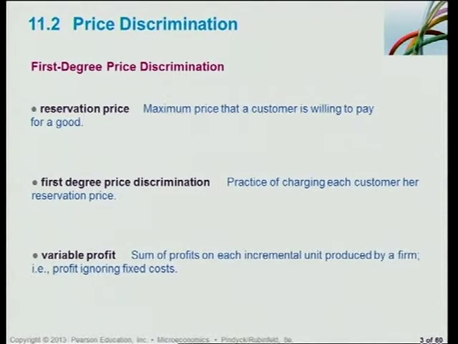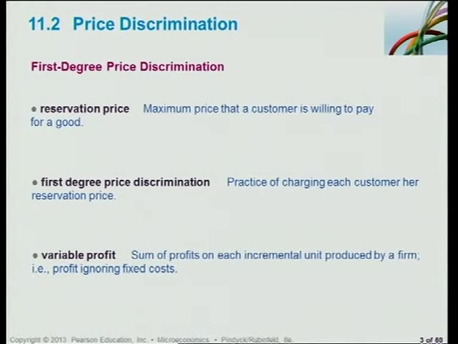Because the aim of price discrimination is to capture consumer surplus and in the end to increase your profits, the profits we are talking about here are variable profits, which means the profit as you produce an additional unit. They talk about incremental, which means an additional unit of a product, and what profit you will generate out of that.